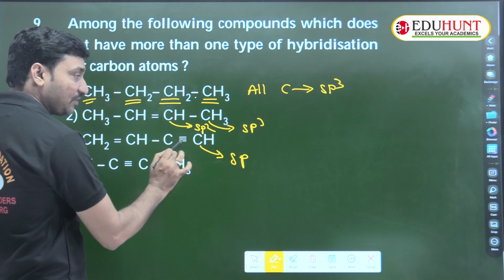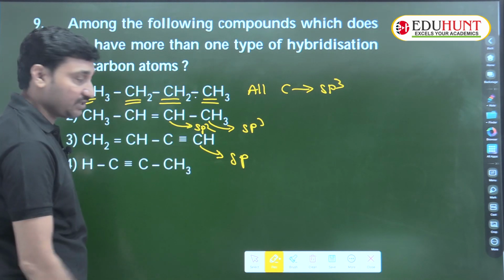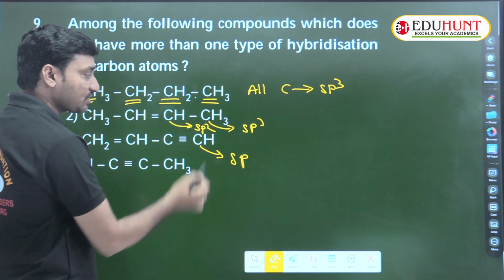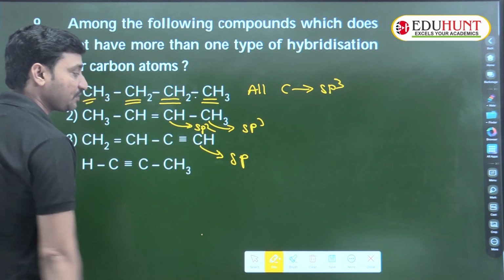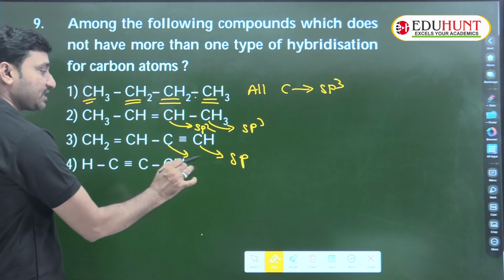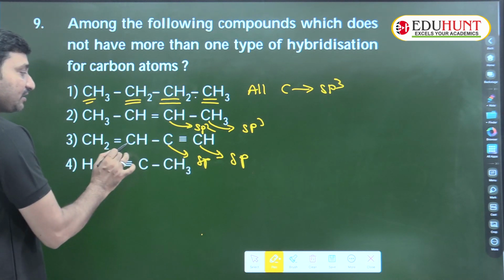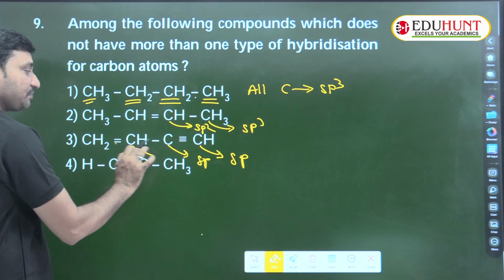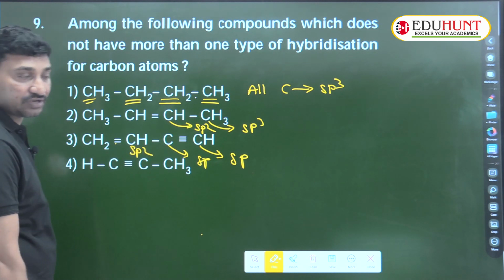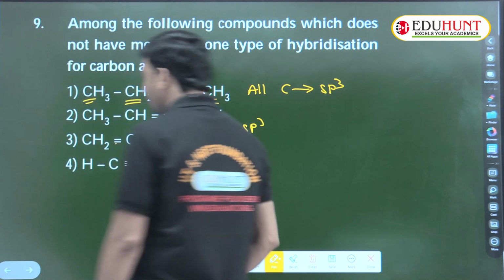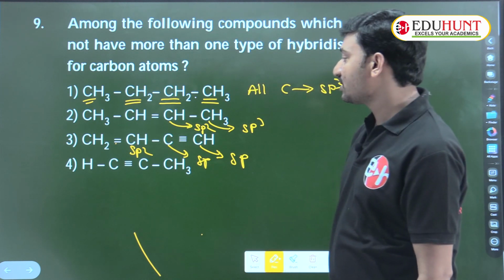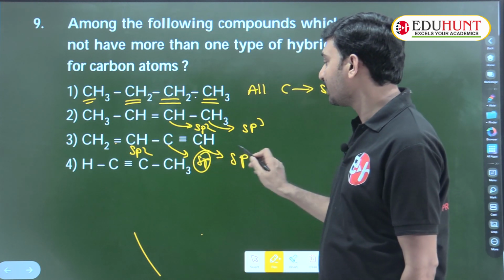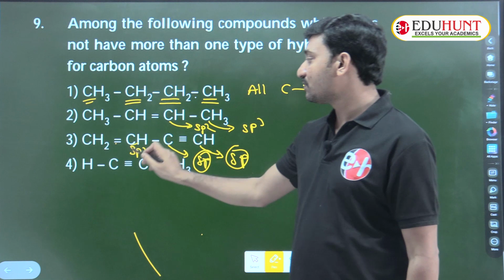The triple bond has 1 sigma bond and 2 pi bonds, plus hydrogen 1 sigma bond, so sp. This carbon also sp. Here, this carbon is sp2, with 1 plus 1 plus 1, 3 sigma bonds, and this carbon also sp2. So here also 2 different hybridized carbon atoms, sp and sp2.